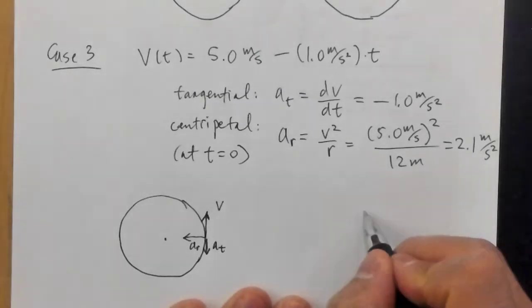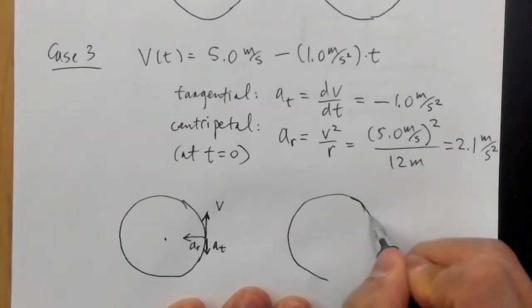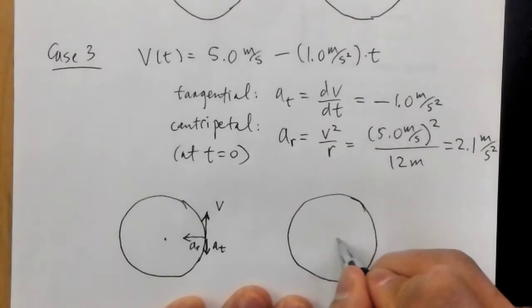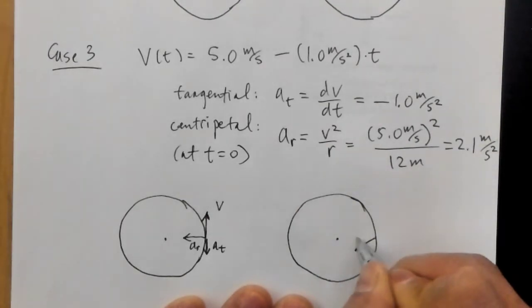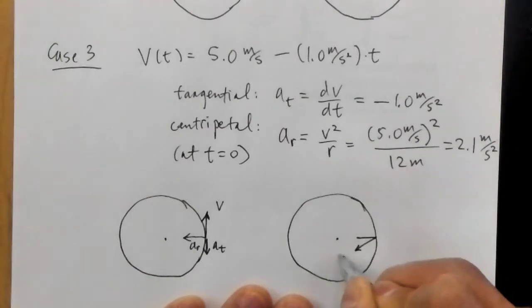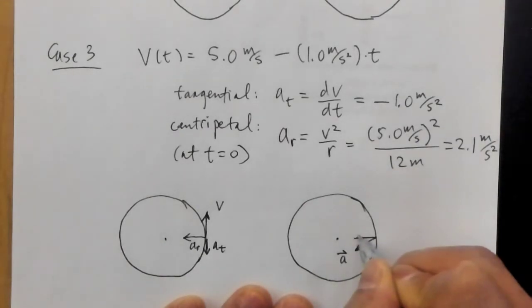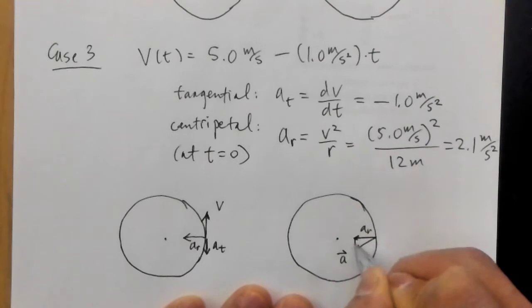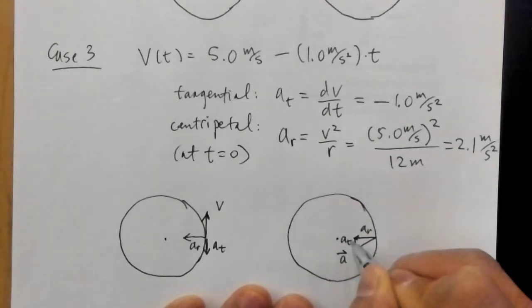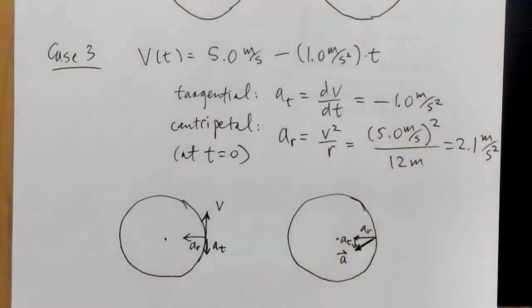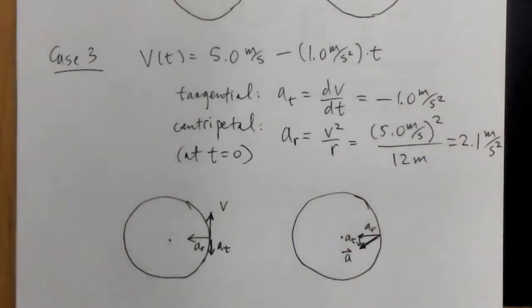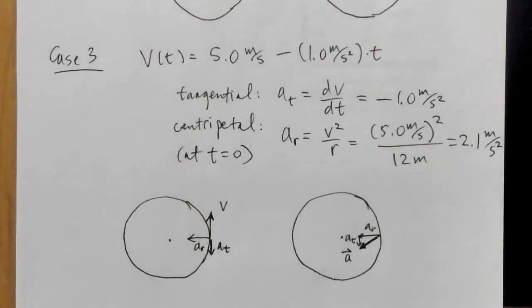So if I draw the total acceleration vector, it's going to look something like this, because I get a component from the AR and a component from the AT. So it's this vector here. Okay, any questions about that? Everybody got it? So it's a little bit backwards from pointing towards the center of the circle.